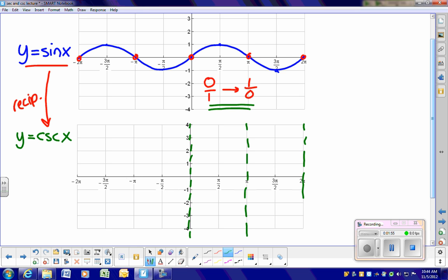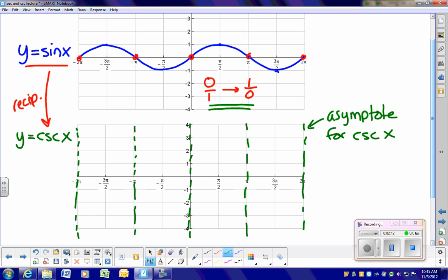So these are all breaks in the function, which we learned with the tangent and cotangent function are called asymptotes. So there's an asymptote for the cosecant function wherever sine has a value of 0.